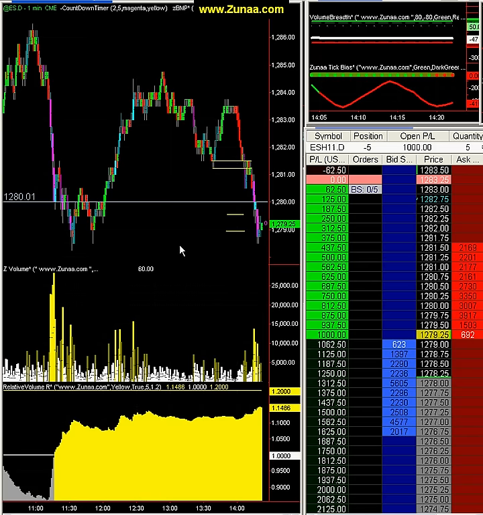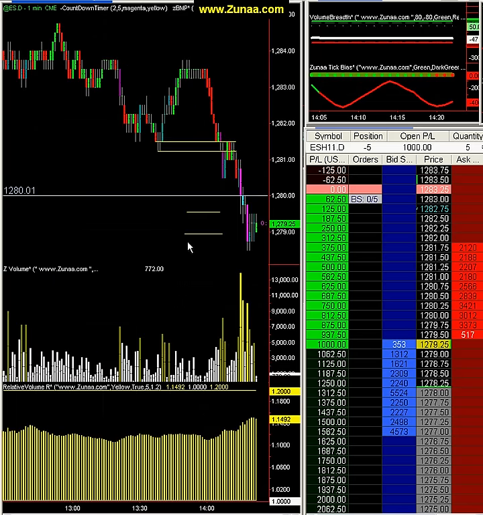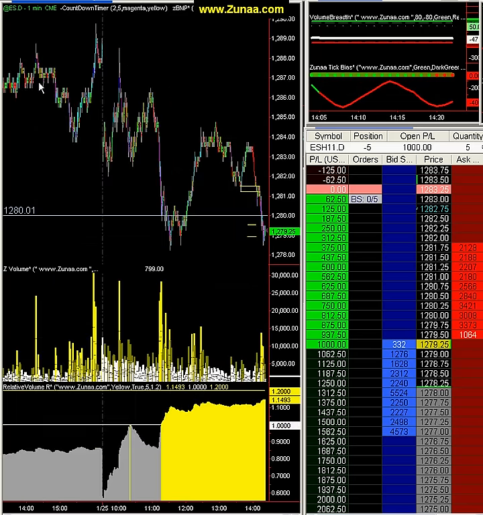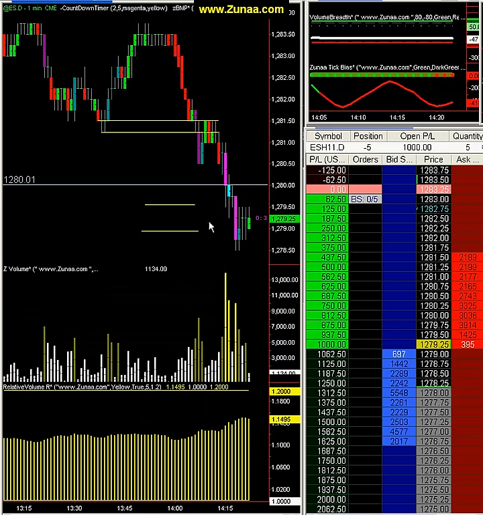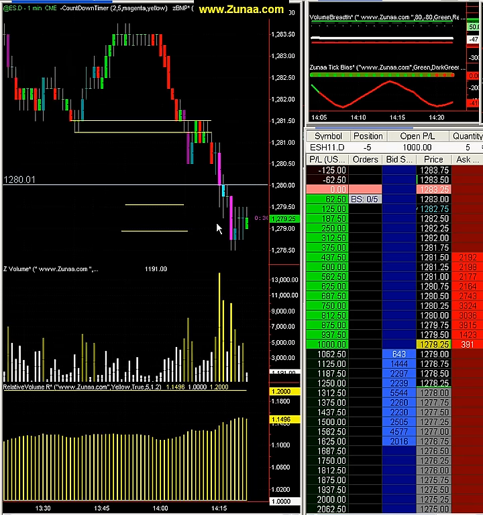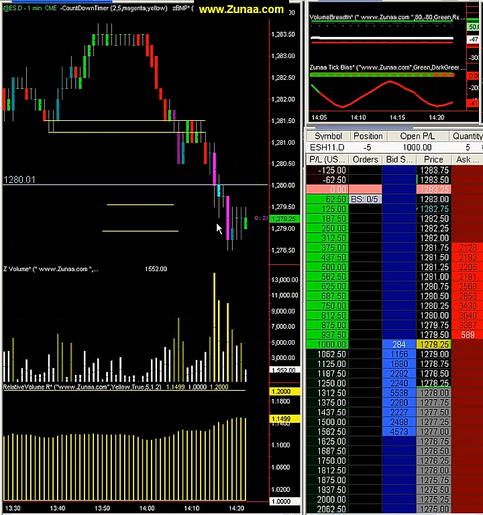Because this is also major support here, the probabilities of breaking it, although in terms of what this day has done there is that probability, but the odds of it happening, we're probably going to bounce a little bit before we do it. So why not leave 5 contracts in here, and if you get stopped, then you get stopped on it.